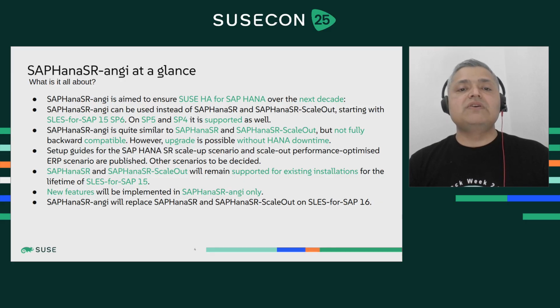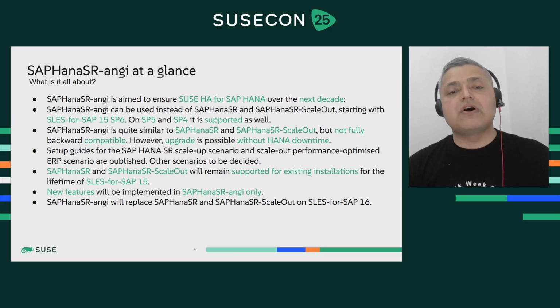However, we have also ensured that this new package can be used on the existing service packs, which are Service Pack 5 and Service Pack 4 of SUSE Linux Enterprise Server for SAP applications.